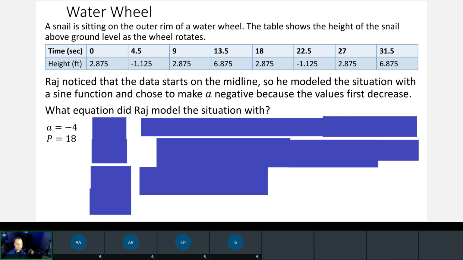All right. So we have amplitude. We have period. What else do we need to know? To create this equation, what else do we need to know? Well, we have the period. We got that from last page.